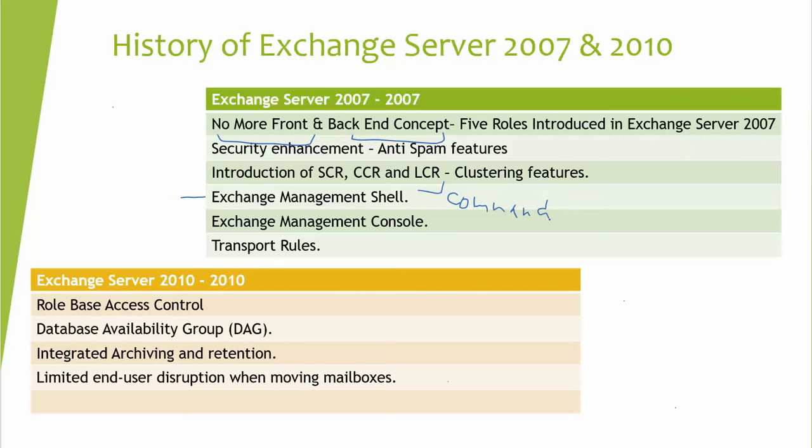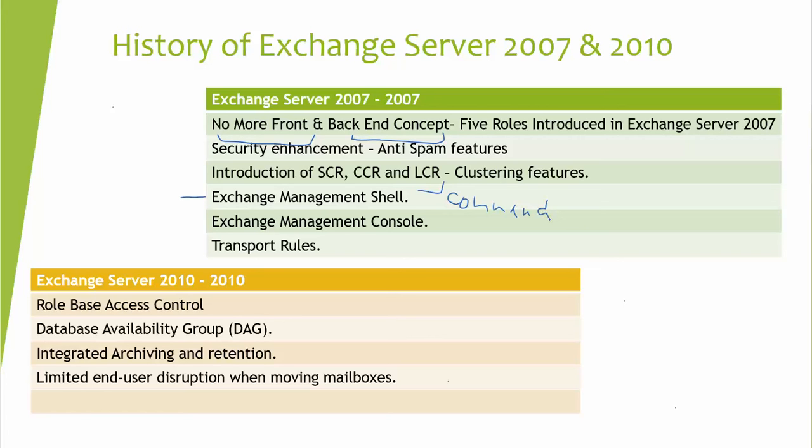For example, if you want to create a new mailbox, or configure a mailbox role or hub transport role, whatever you were able to do in the Exchange console through the graphic interface, you were able to do through the management shell. And most of the features that you were able to do in the Exchange Management Shell through commands, you were not able to do with the Exchange Server 2007 graphic interface. So that was another good thing.